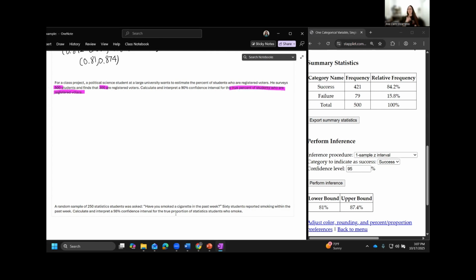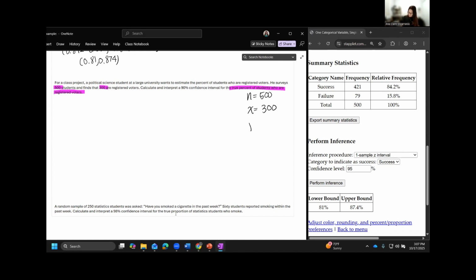That means success is registered voter, a failure is a not registered voter. So if my sample is the size of 500 and my successes are 300, how many are not registered? If I subtract the two, I would find that 300 did register and 200 did not.